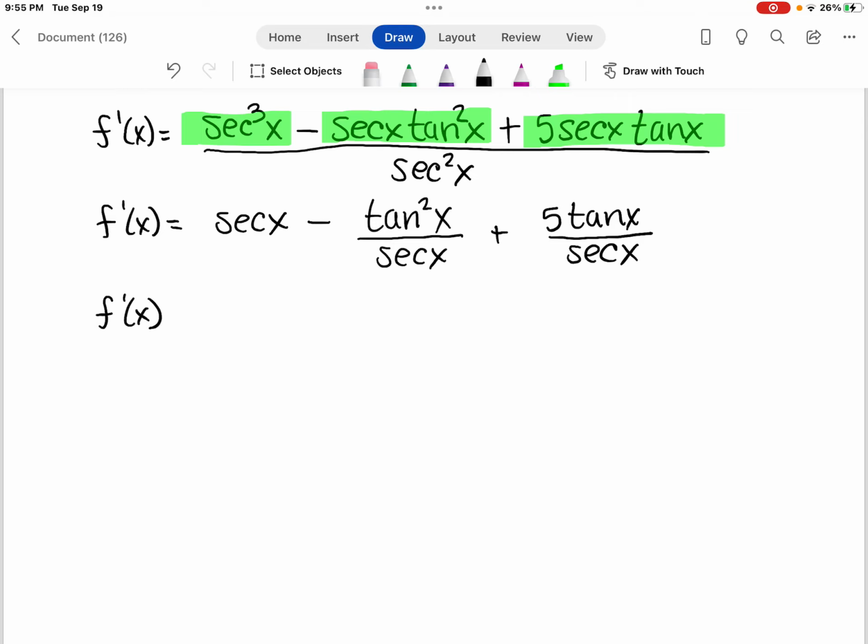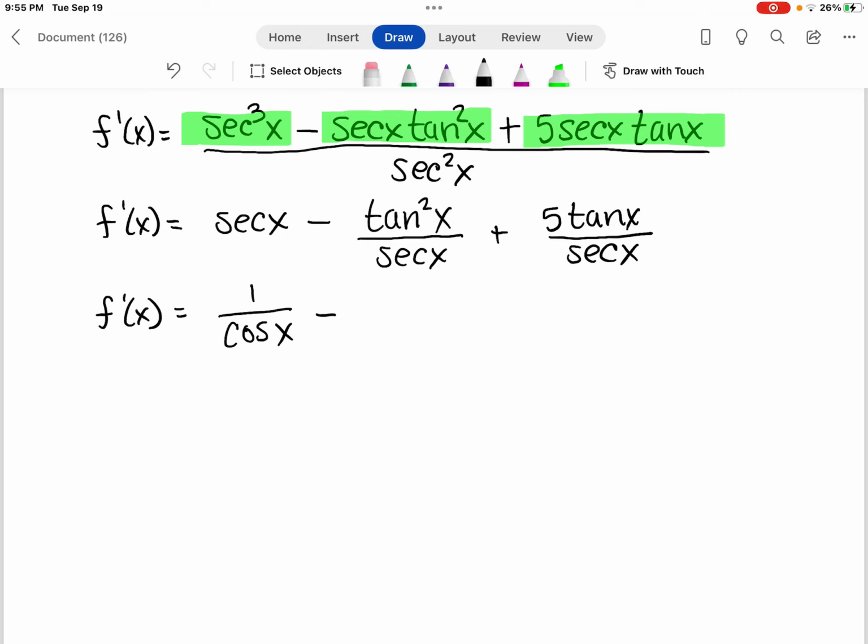So if I want to rewrite secant x in terms of sine or cosine, secant is the reciprocal of cosine. So I'm going to rewrite this as 1 over cosine x.